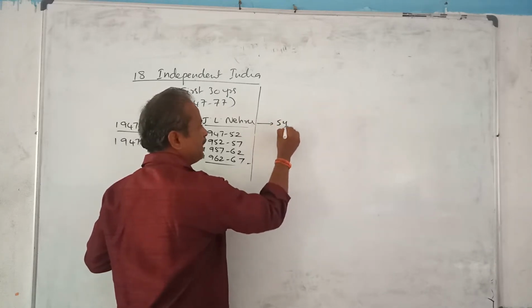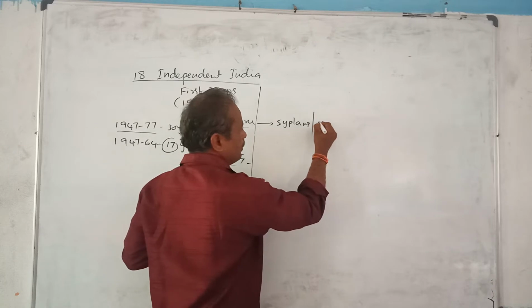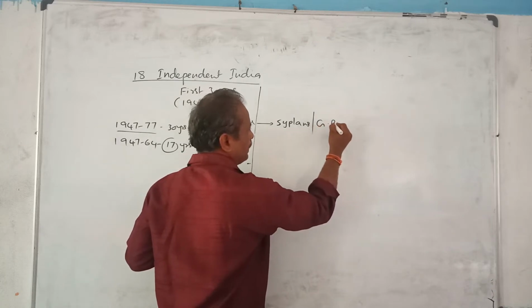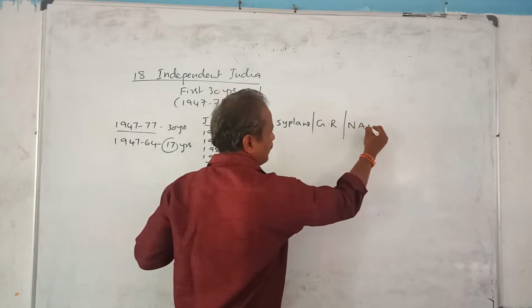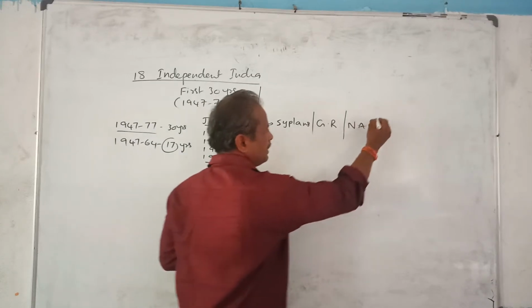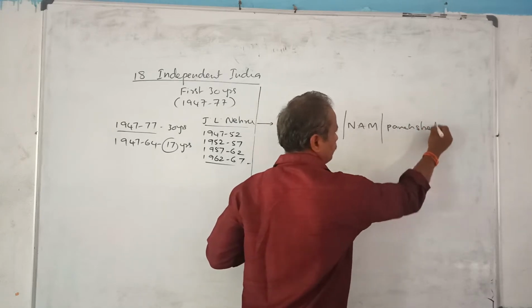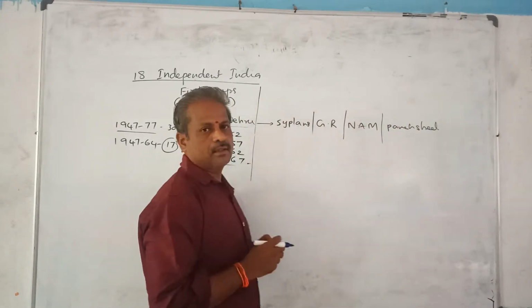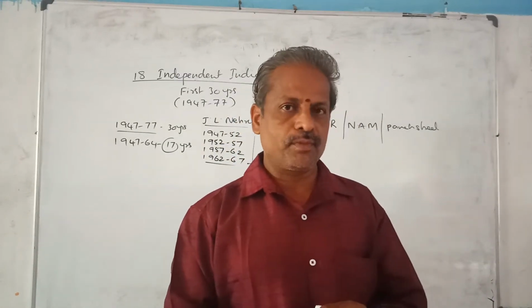He started 5-year plans in our India and he began the Green Revolution method. The same way he introduced a non-alignment policy, the same way Panchsheel. All these were the great contributions of Jawaharlal Nehru.